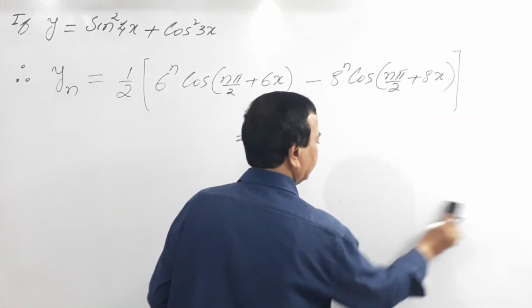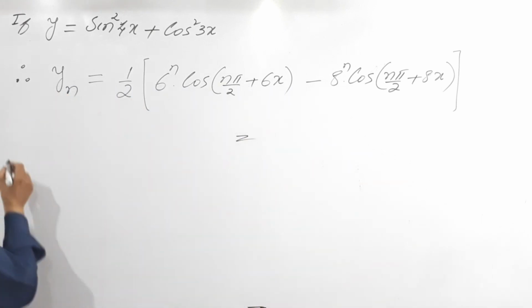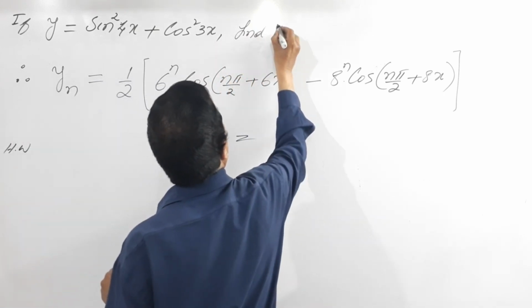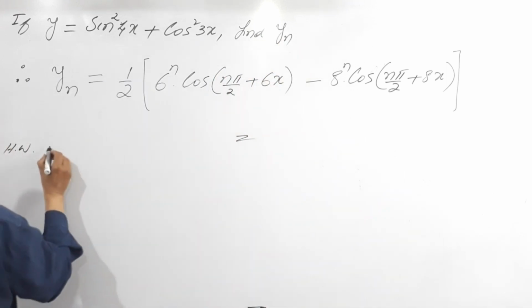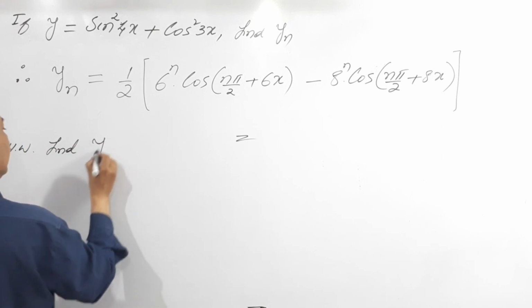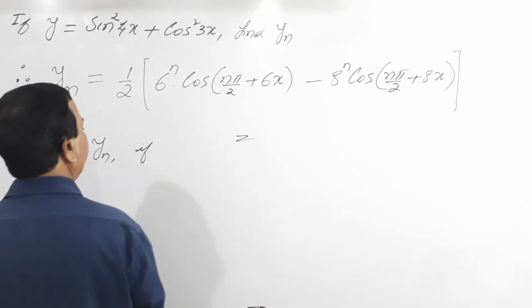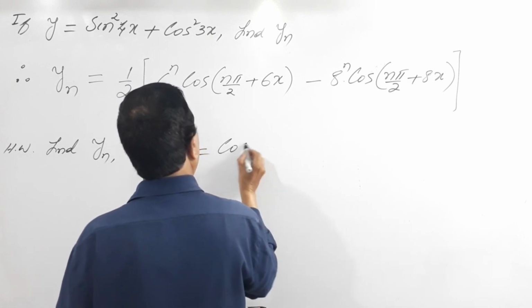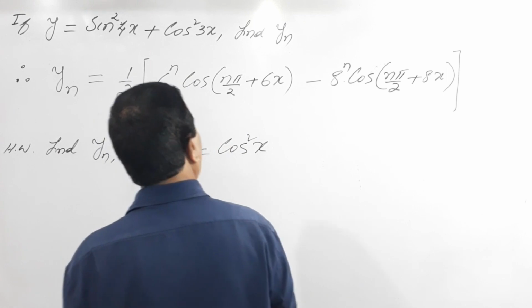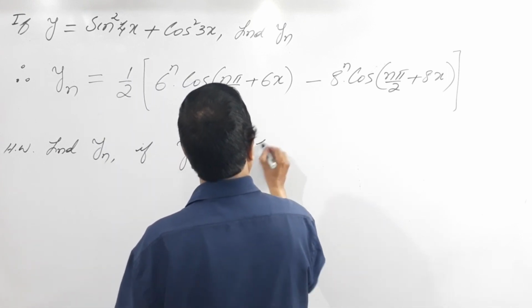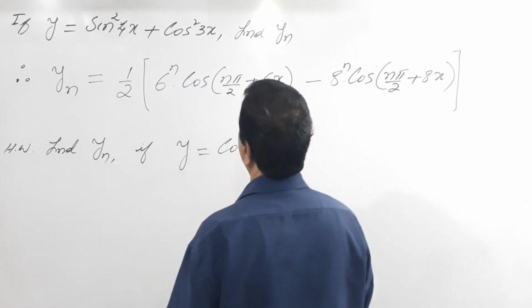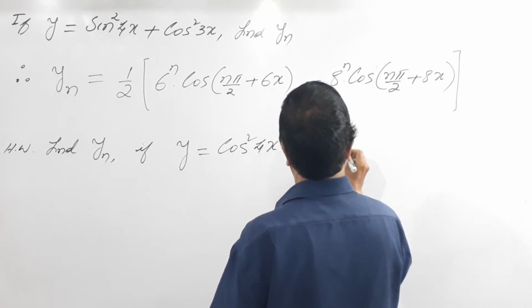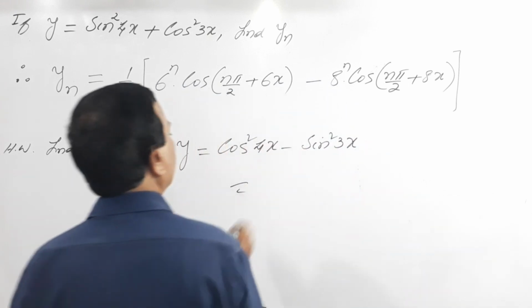One homework I will give you. Homework: find yn if y equals cos square 4x minus sin square 3x.